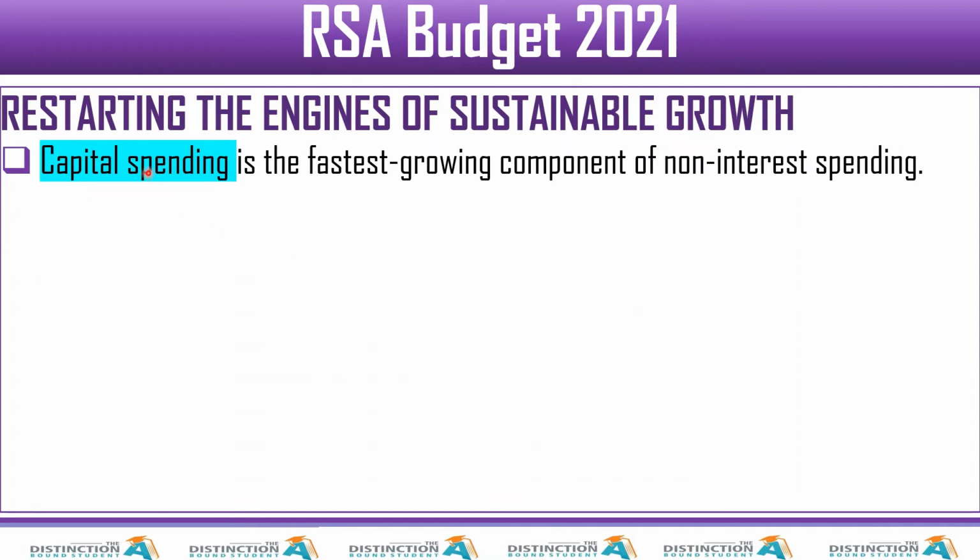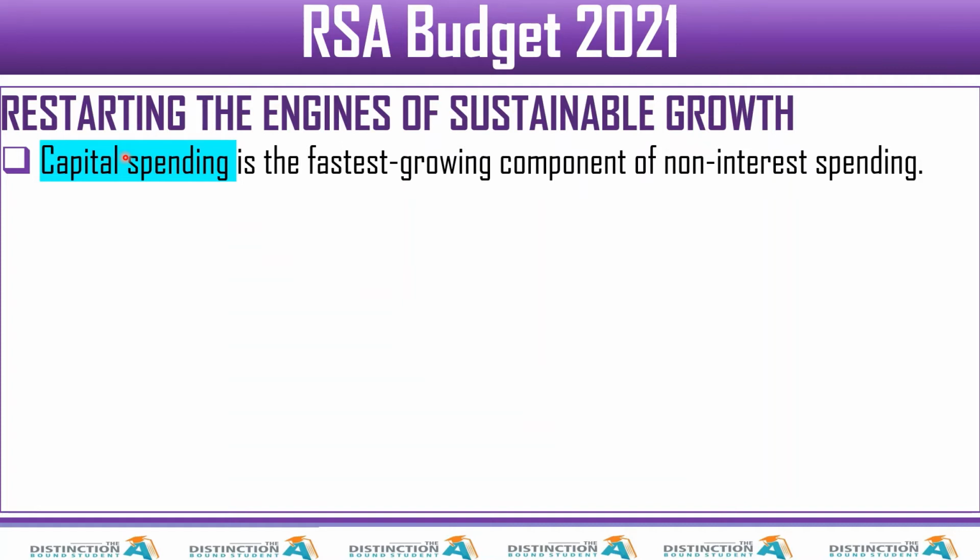Capital spending, and we call this one capital formation, right? If you go back to our methods of calculating GDP, you see that there's gross capital formation when we're talking about the expenditure method of calculating GDP.